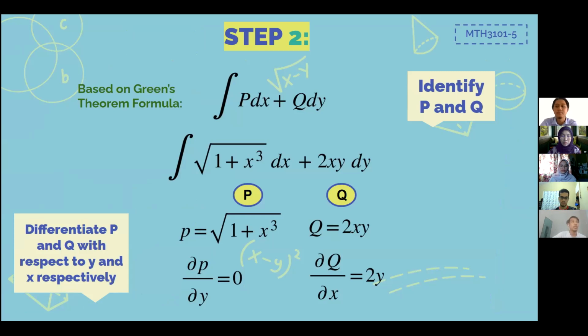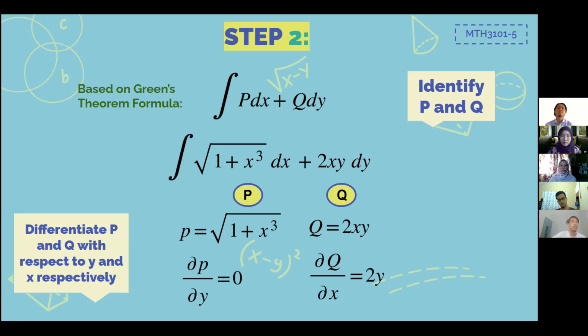Okay, step 2, based on Green's theorem formula, integrate P dx plus Q dy. First we need to identify P and Q. The question is the integral of square root of 1 plus x cubed dx plus 2xy dy. So P is square root of 1 plus x cubed, and Q is 2xy.